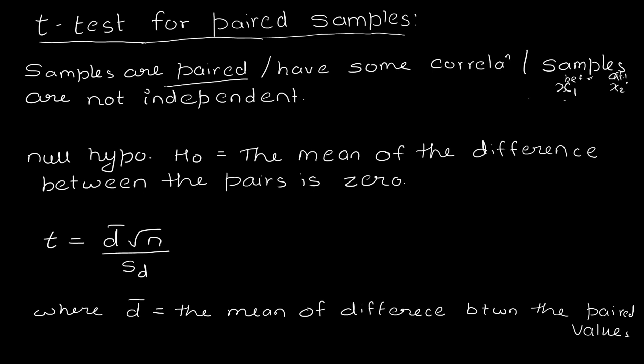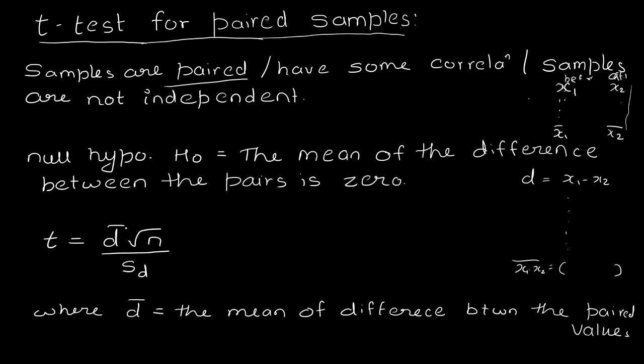Then we get x1 bar and x2 bar, the mean values. We'll calculate one more column for any given data, the x1 minus x2 column, or the difference column. My null hypothesis is that the mean of that difference should be 0.